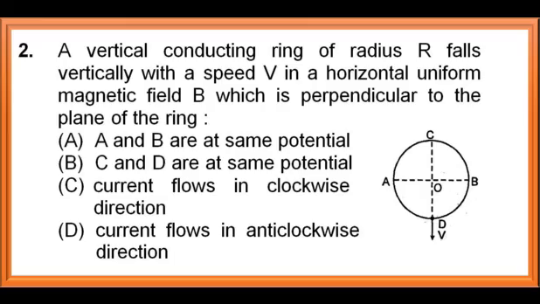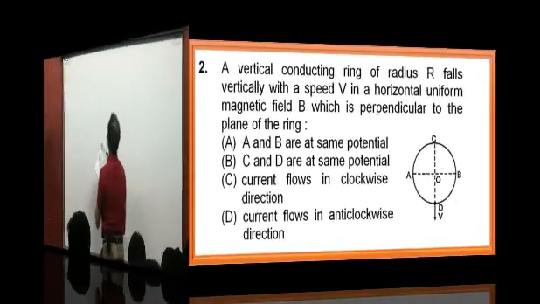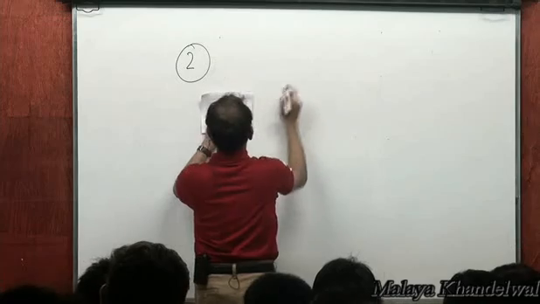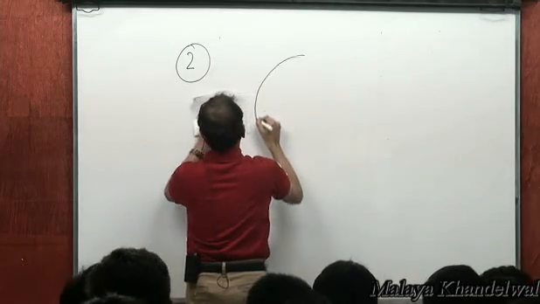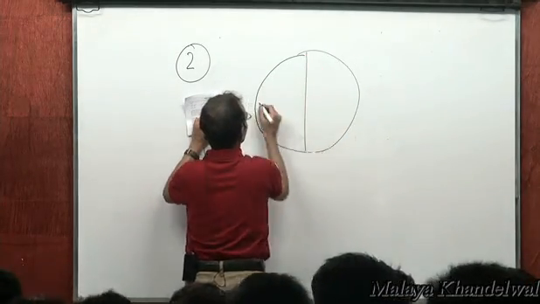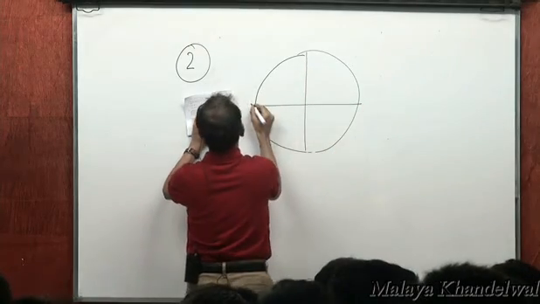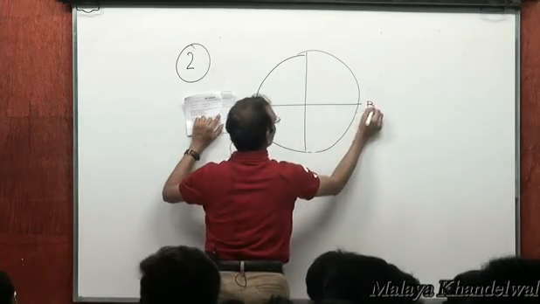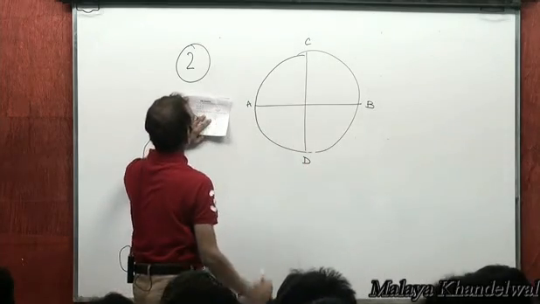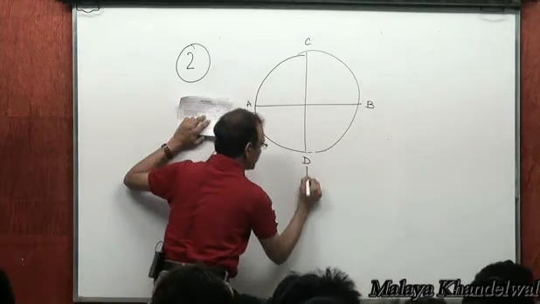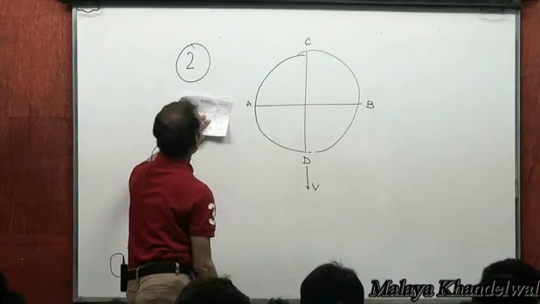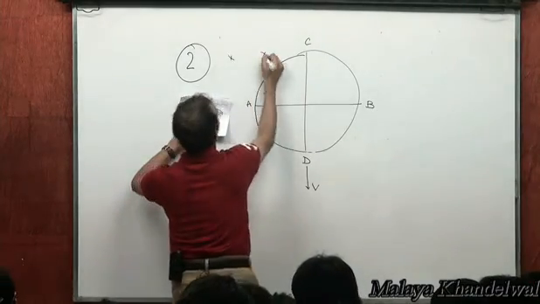In problem 2, there is a vertical conducting ring of radius r, falling vertically with a speed v in a horizontal uniform magnetic field everywhere.